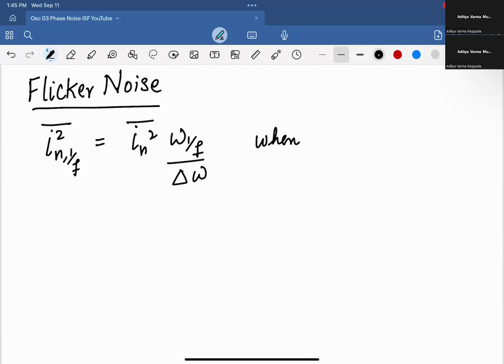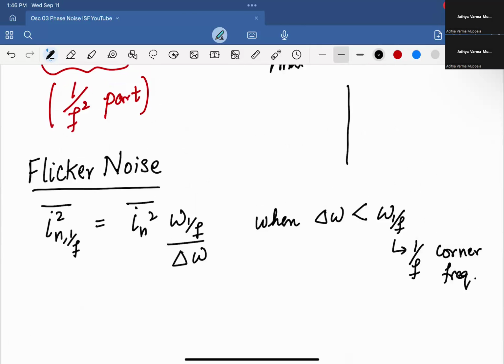And this is only true when delta omega is less than omega 1 over f, where this is the 1 over f corner frequency. Right? Flicker noise has this kind of profile.